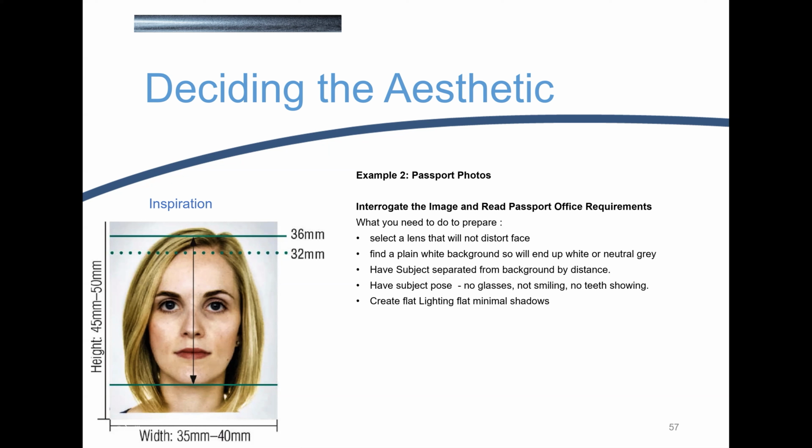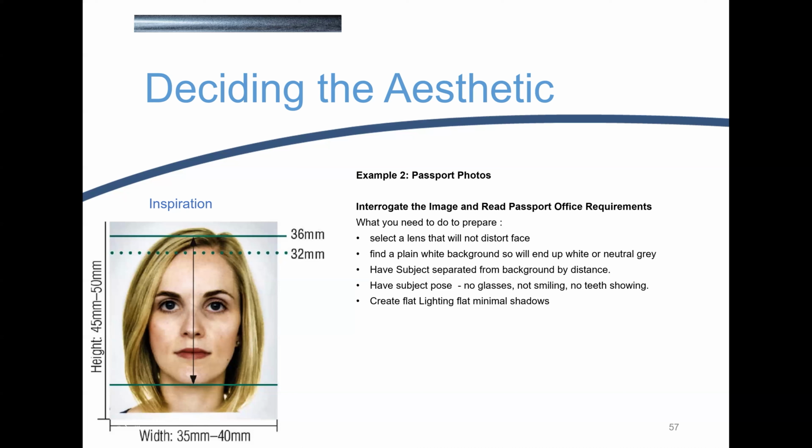The subject, just from a photographic perspective, needs to be separated from the background, and so you need to find a light coloured white, pale cream wall, pale grey, that you can stand your subject off the wall, because one, we don't want the wall in focus, and two, we don't want the light that we shine on the subject to be creating a shadow on the wall.